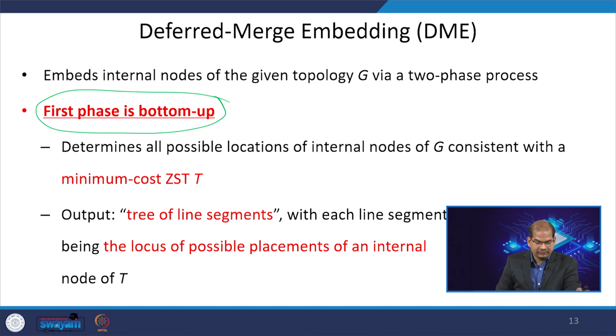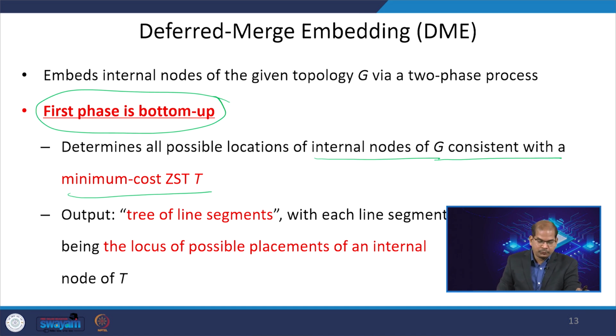The concept here is that we determine all possible locations of the internal node G consistent with a minimum cost, 0 skew tree. Here the Manhattan arc is the midpoint set where we can get many possible solutions. This Manhattan arc represents all possible solutions for the node G for creating the minimum cost, 0 skew tree.